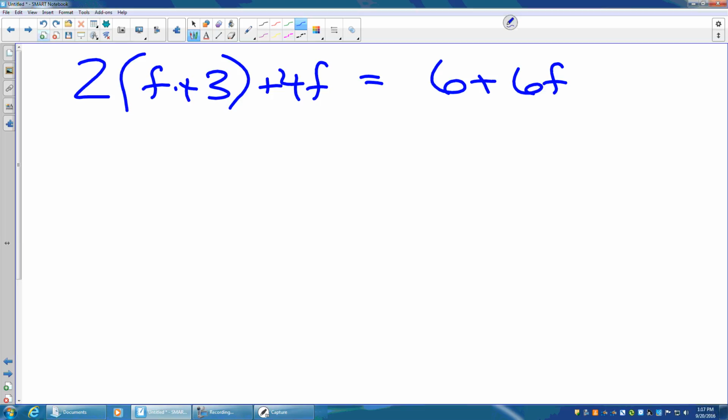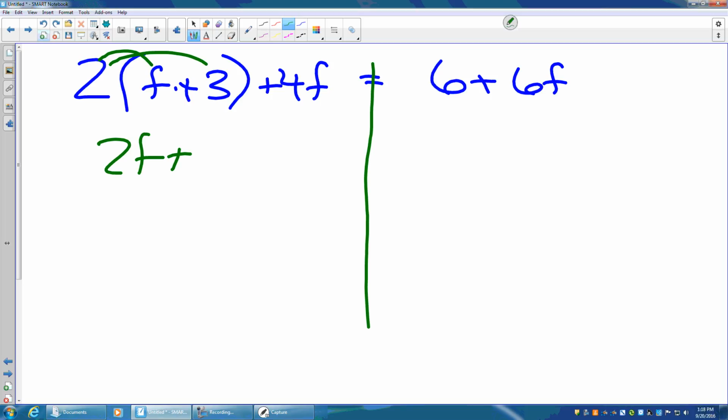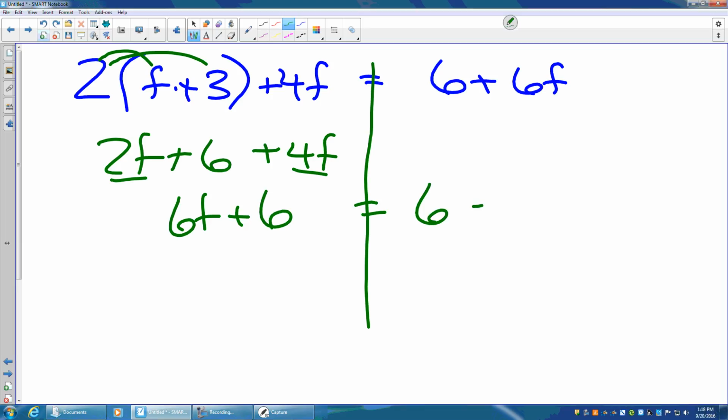All right, so hopefully that was enough time. I'm going to draw my line down. I'm going to distribute on this side. 2f plus 2 times 3 is 6, plus 4f. 2f and 4f give us 6f plus 6. And then on the other side, I already have 6 plus 6f.